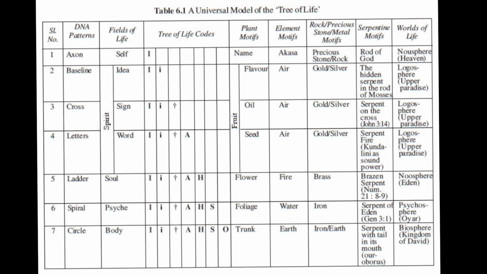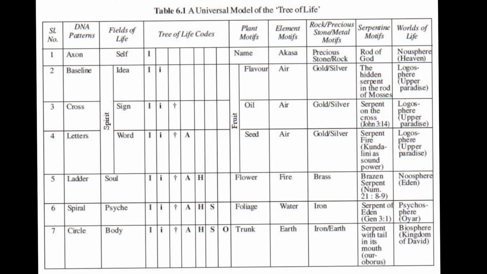And finally, you have for the body the genomic tree with 7 trees, that is capitalized small I plus a HSO. You see how these 7 trees are organized in living systems. Now, along with this, I have also related these trees to their plant motifs, element motifs, rock motif, precious stone motif, metal motif, serpent motif, etc., etc.